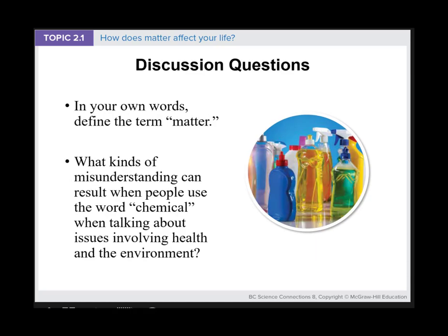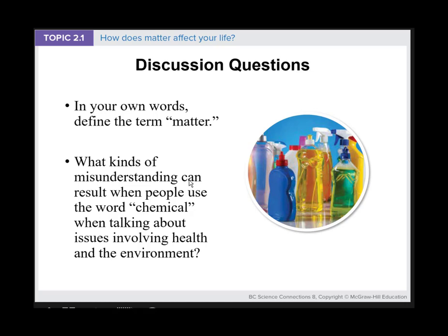Okay? So it says here, in your own words, define the term matter. And we talked briefly, matter is anything that takes up any space. Okay? It says here, what kind of misunderstandings can result when people use the word chemical when talking about issues involving health and the environment?